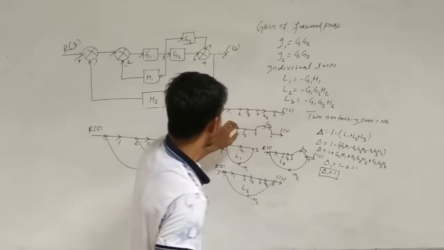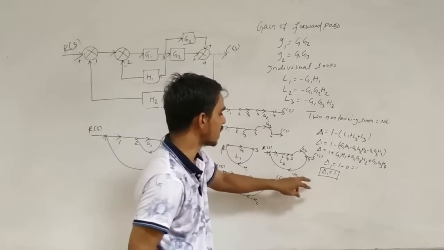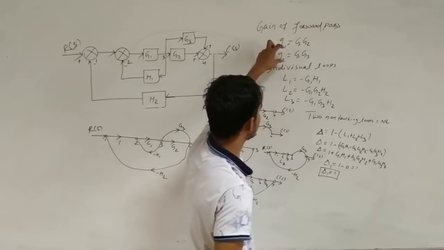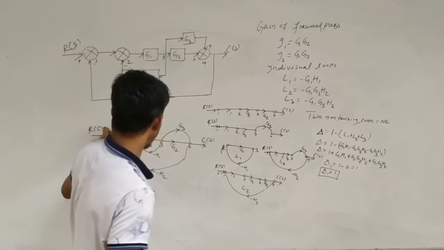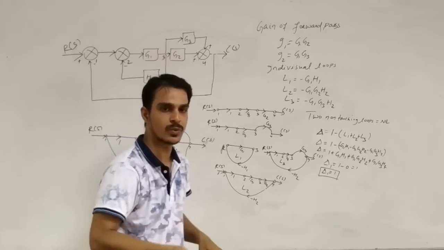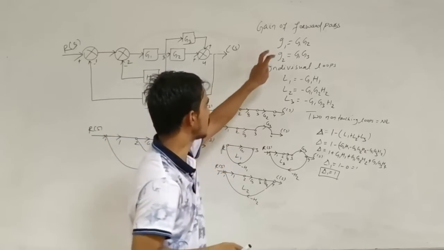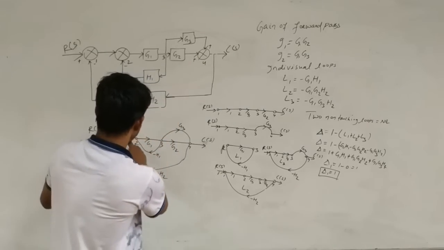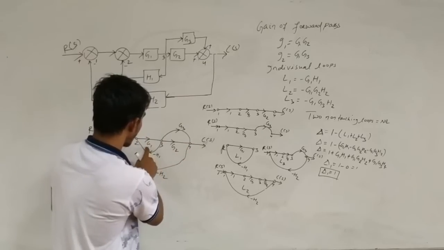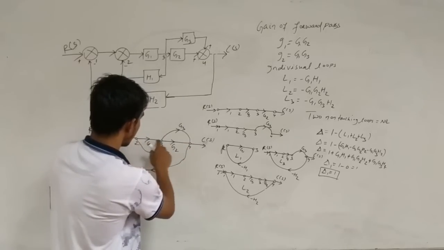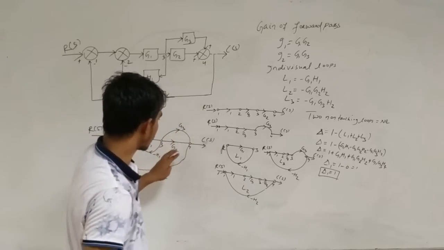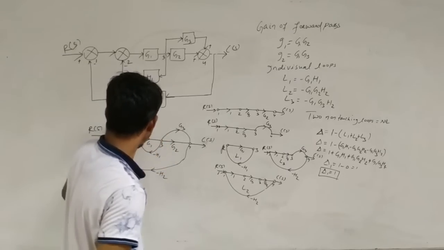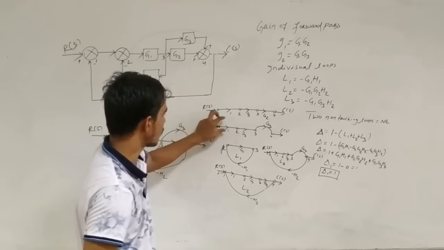Similarly, while considering delta 2, we check the forward path 2. So check if any loop exists which is not touching this forward path G2. See, there is no loop which is not touching this forward path G2. Loop 1, loop 2 and loop 3 are all touching this forward path G2.